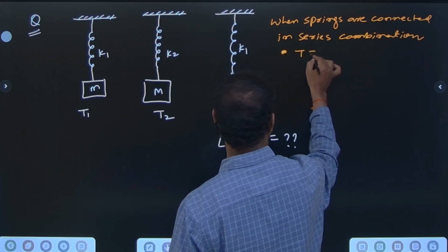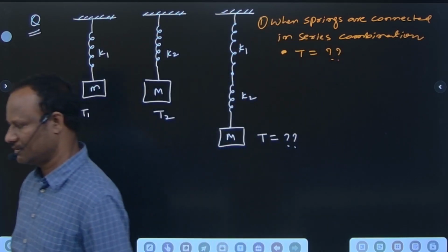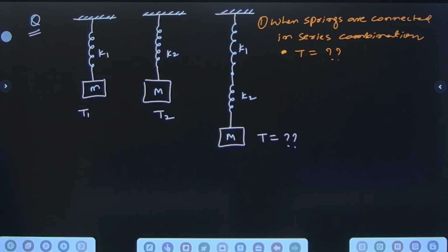I may also ask the question: if they are connected in parallel combination, what is the time period?